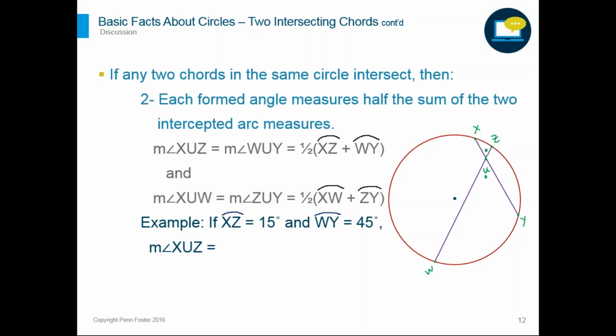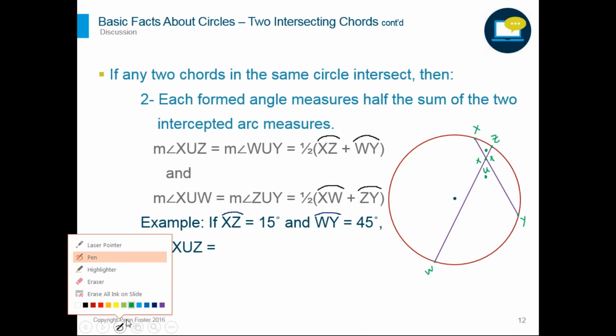And by the way, XUZ equals in measure to WUY, because these two angles are vertical angles from unit 1, if you remember. And also another pair that is equal in measure is XUW and ZUY. So each pair of these angles will equal half of the sum of the two intercepted arcs.